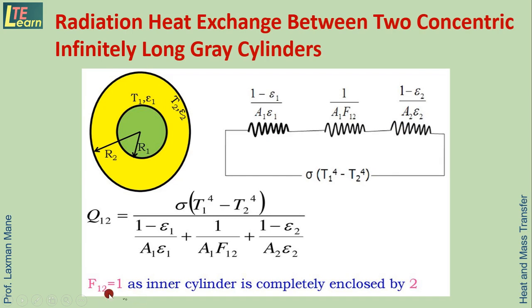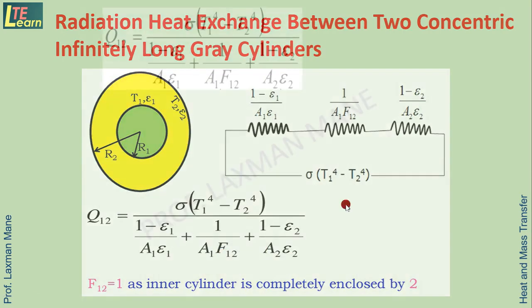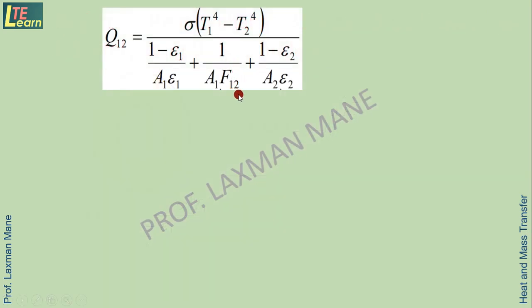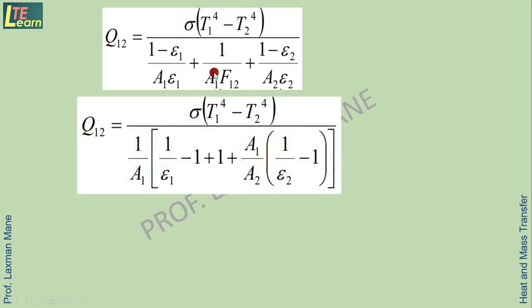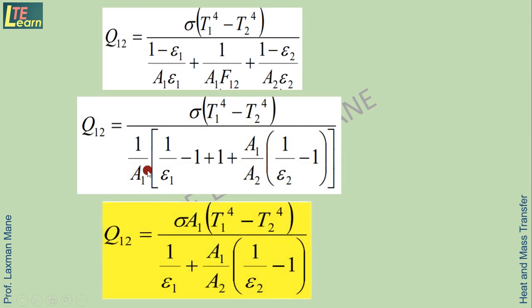Now in this case, F12 is 1, as the inner cylinder is completely enclosed by cylinder 2. So in the next step we write F12 as 1. Here 1 upon A1 comes, and we take 1 upon A1 common from these three terms. So we find this equation. By simplifying the equation, we have this.